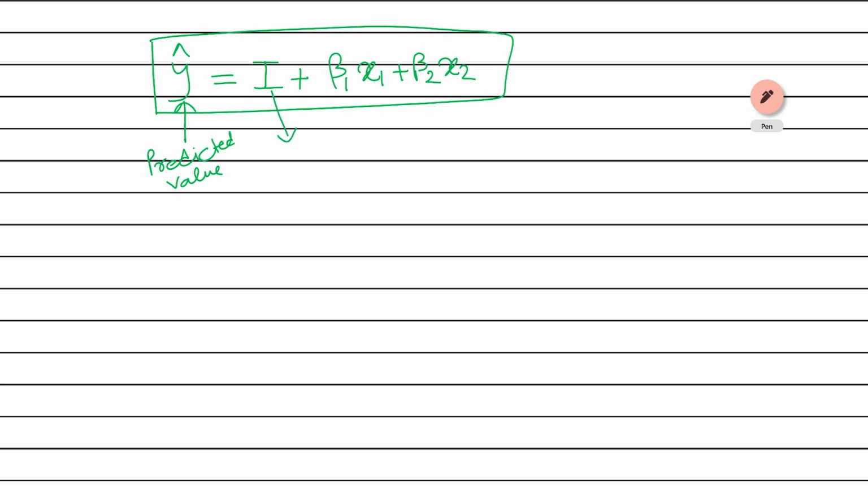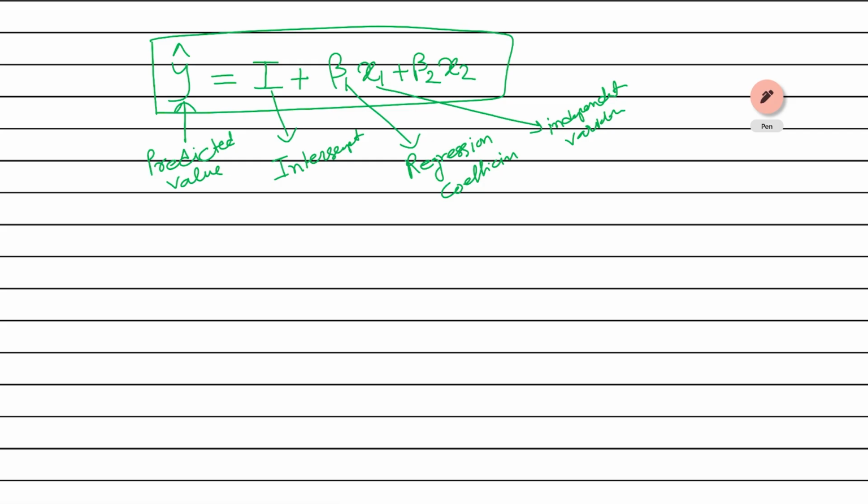I is the intercept, and B1 is the regression coefficient, and X is your variable, or let us say your feature, the independent variable.